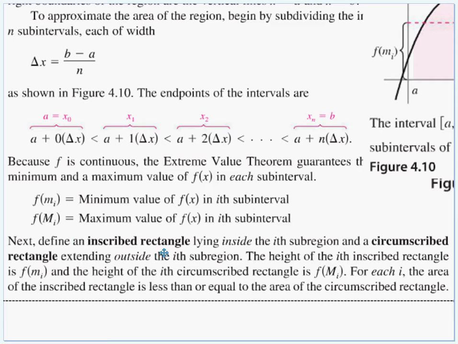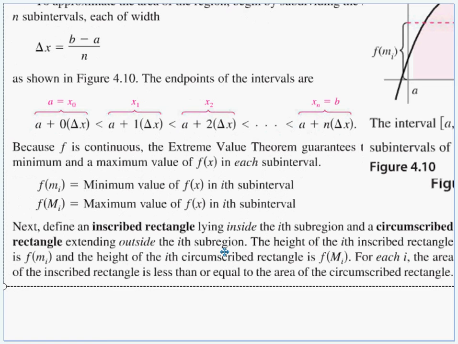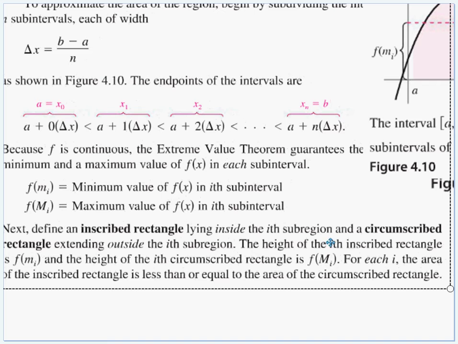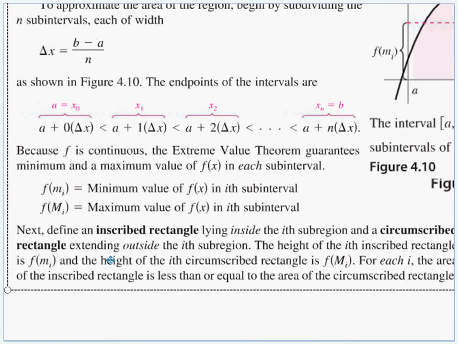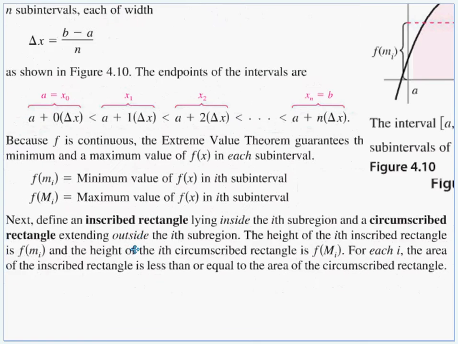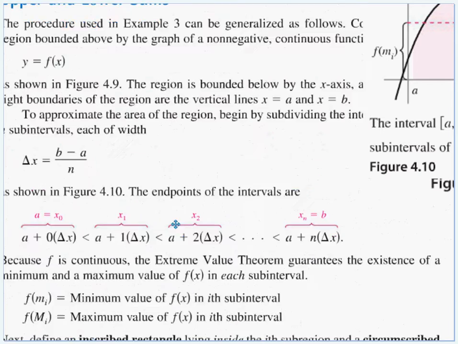Next, we define an inscribed rectangle as lying inside that subregion. Circumscribed rectangles extend beyond the function curve. The height of the ith inscribed rectangle is f of lowercase m sub i, and the height of the ith circumscribed rectangle is f of capital M sub i. For each i, the area of the inscribed is less than or equal to that of the circumscribed.